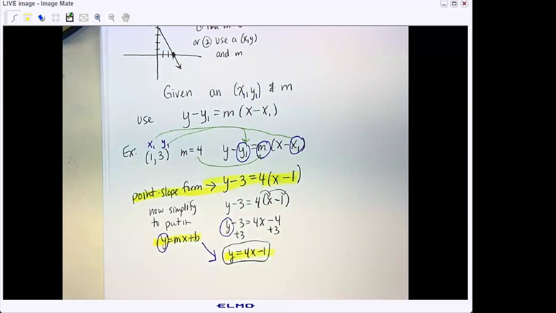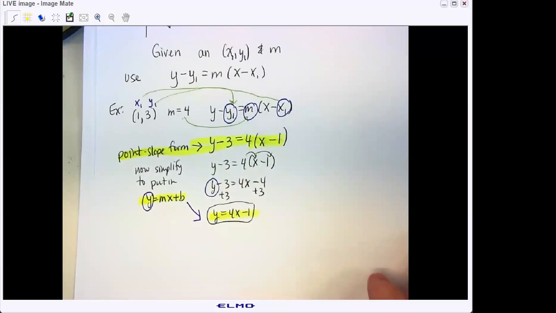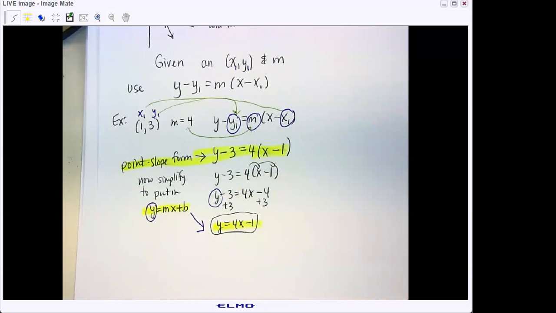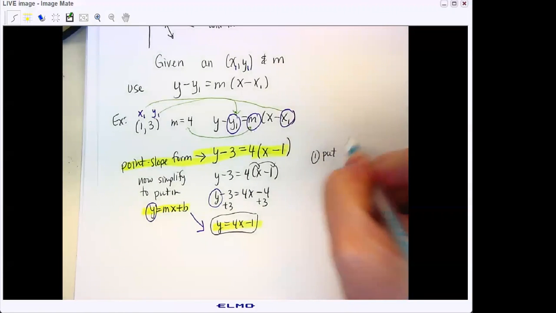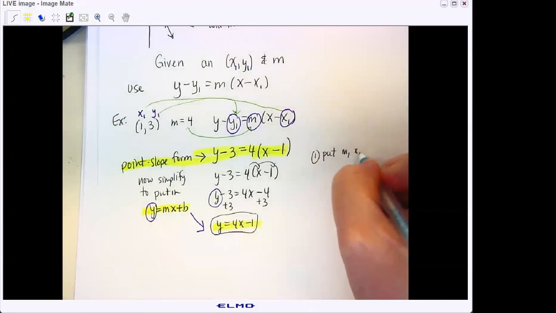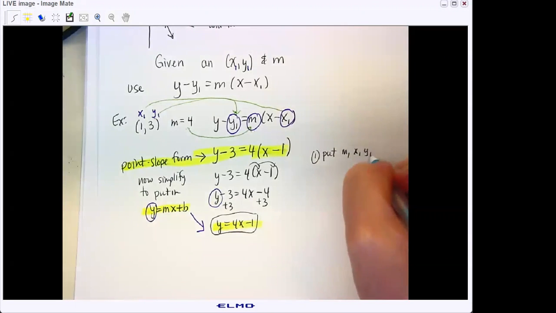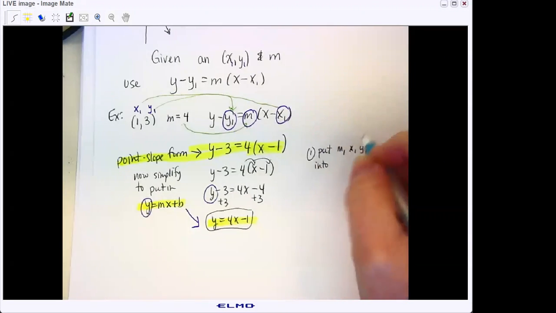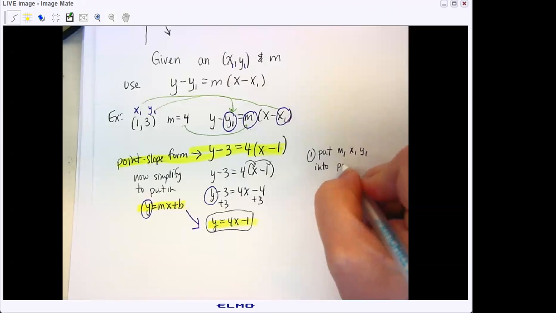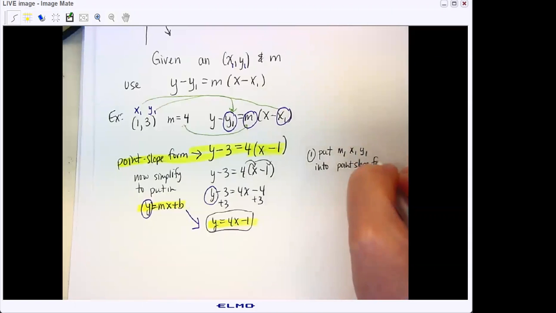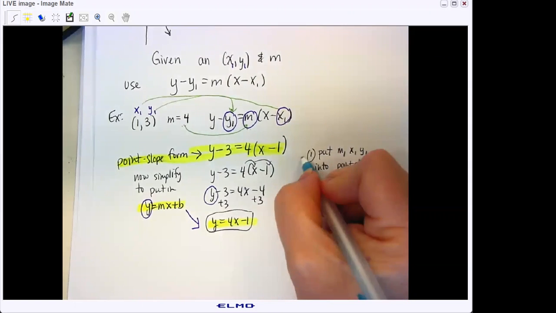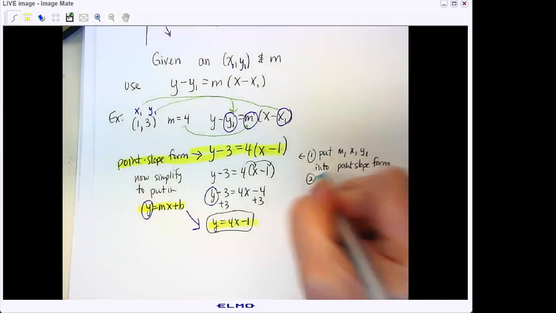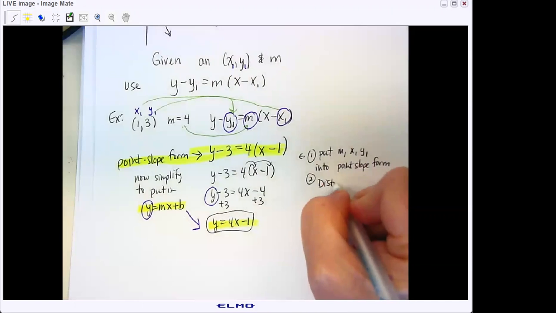A lot of you like steps, so let's do that. Step 1: put m, x1, and y1 into point slope form. That's that one right there. Step 2: distribute.